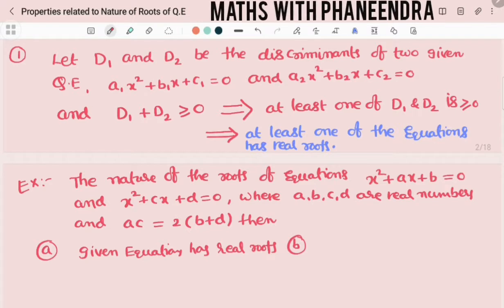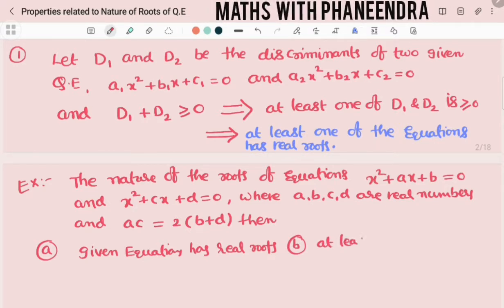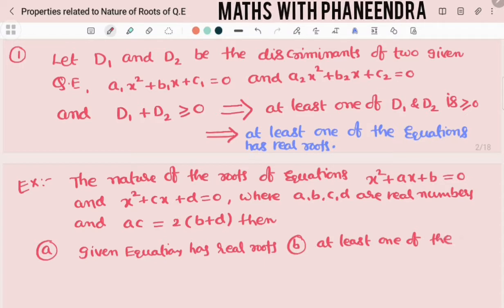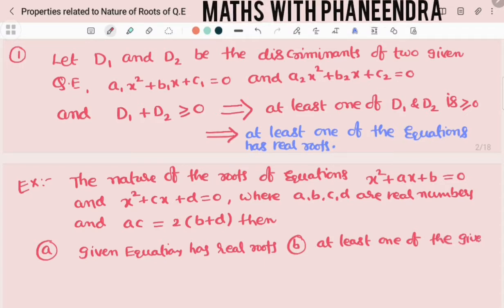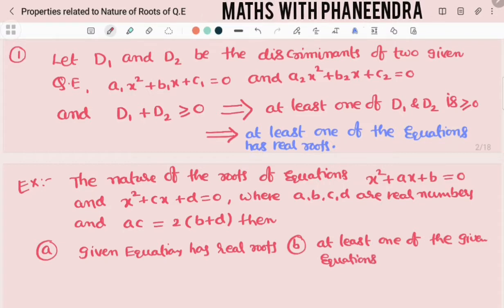Second option, at least one of the given equations has real roots.